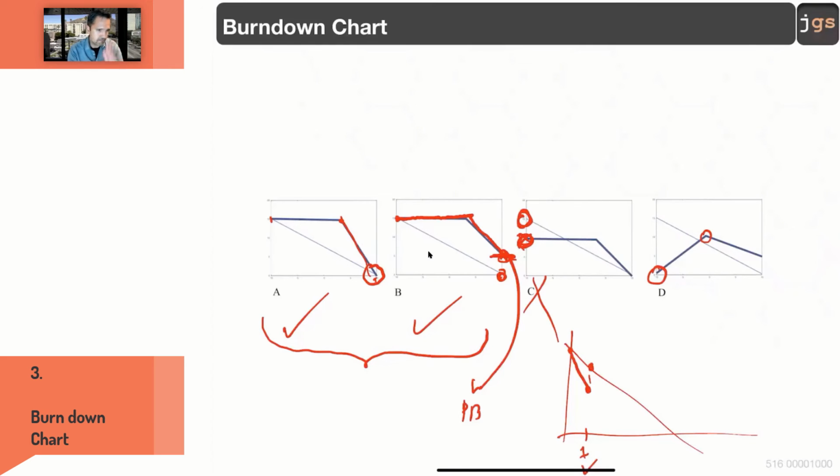And the D, as you mentioned, is like, why did you start at zero and then you move up? Never, never, never. Your burndown chart is not going to move up. Think about this.